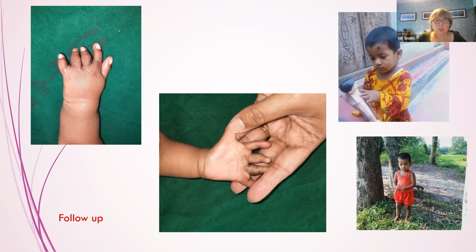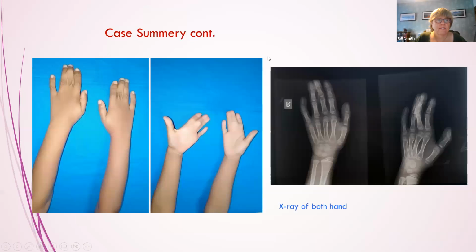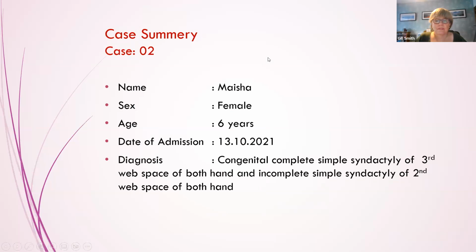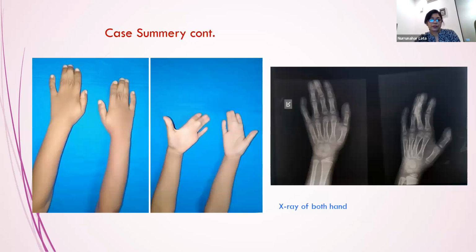Okay. Shall we go on to the next case from Naranahad then, please? My second case, Maisha, a 6-year-old girl, presented to us with complete fusion of the third web space of both hands and incomplete fusion of the second web space of both hands.